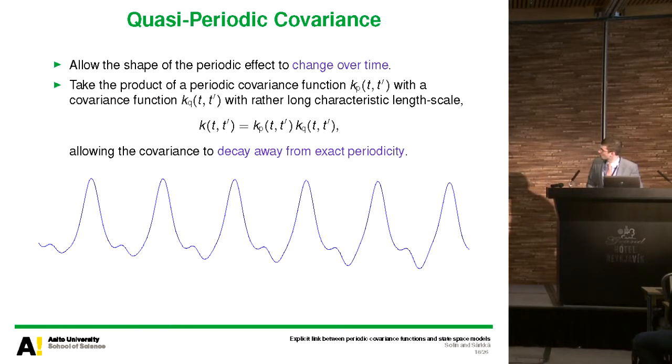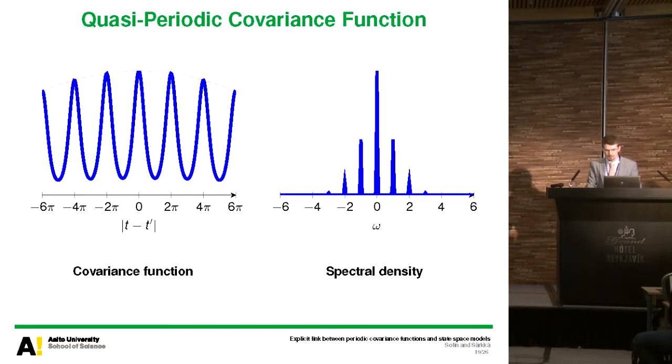Here you see a random draw from a quasi-periodic covariance function where you see that the shape of the periodic pattern changes over time. The covariance function and spectral density in this case would look like this.